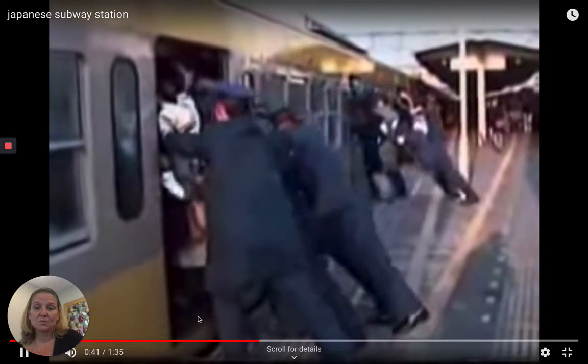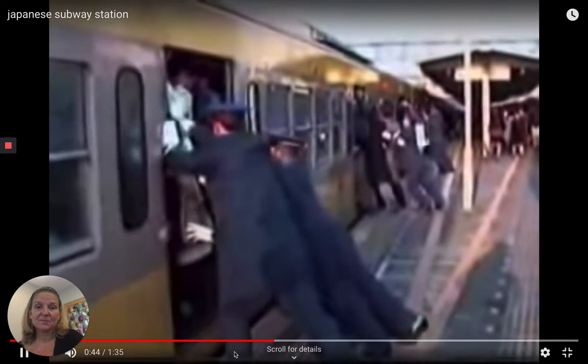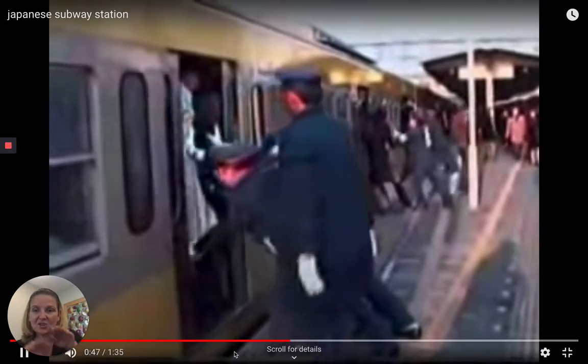So apparently in Japan, I don't know what city this is, but they have some overcrowding issues. And see these gentlemen with the hats? Their job is to push more people into the subway. Can you imagine? I would be so claustrophobic. Oh my gosh. Now they gotta shove their clothes in.